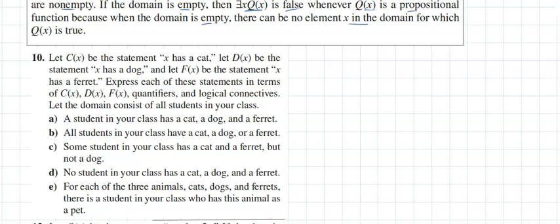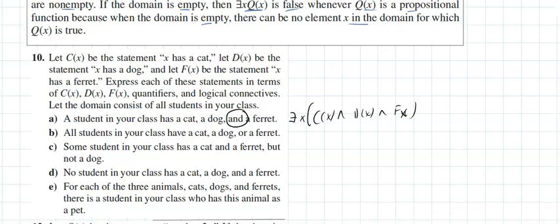So A, a student in the class, so that means there exists a student in the class that has a cat, a dog, and a ferret. Since it says and, both of those are right.